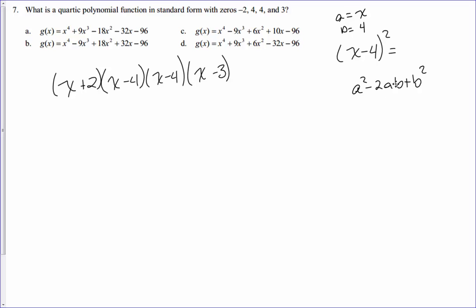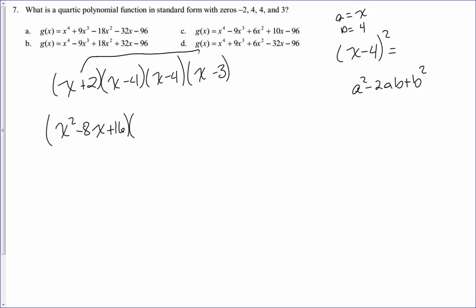So all we have to do is follow this pattern, and we're going to have these two middle ones right here multiplied through, and then we can work on the outside too. So if a is x and b is 4, that means a squared is x squared. ab will be 4x, 2ab will be 8x, and it has to be a negative, so negative 8x, and then plus b squared, well, 4 squared is 16.